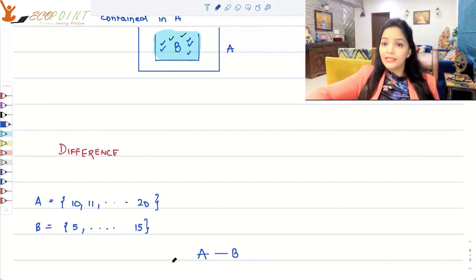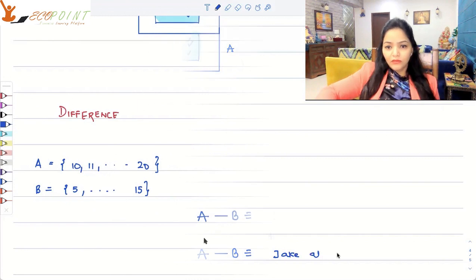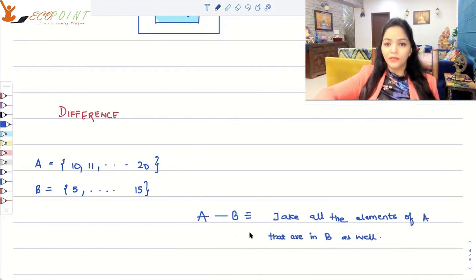So A minus B means you take out all the elements of A that are in B as well.